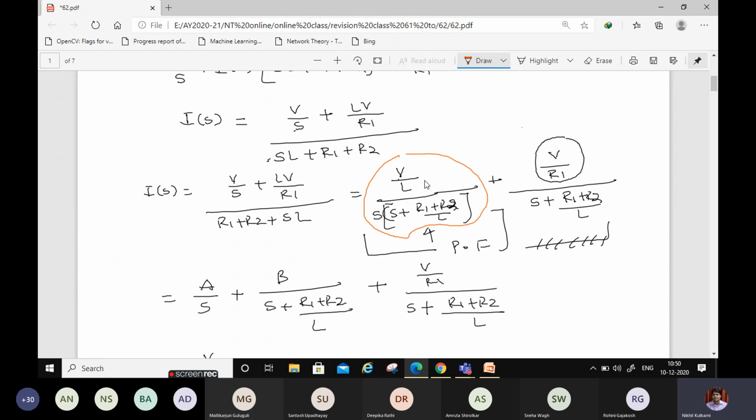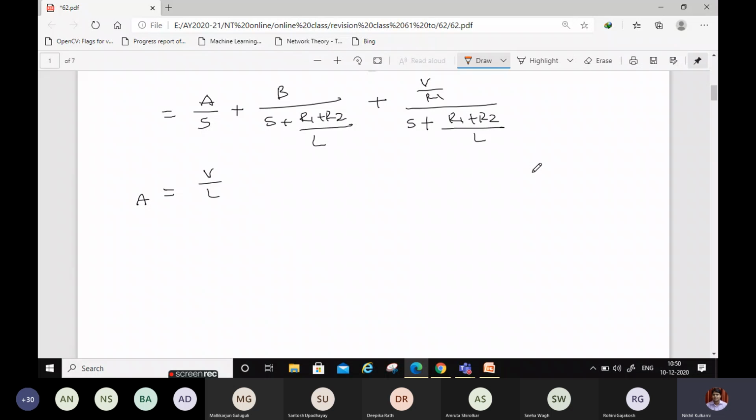So V by L whole divided by S plus R1 plus R2 divided by L. If you want to evaluate the A value, you cancel for S equal to 0, so that implies A will be equal to V divided by R1 plus R2. This L and L will cancel out for S equal to 0. Getting this?